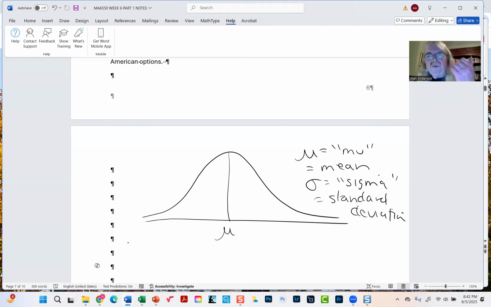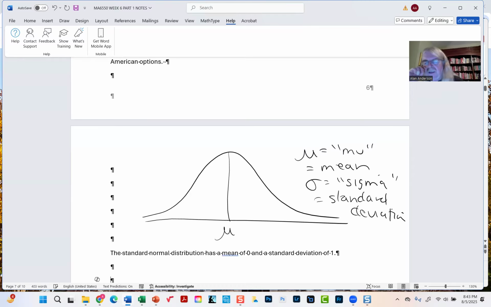So in principle, there's an infinite number of these normal distributions. The one we're really interested in here is the so-called standard normal, which has a mean of 0 and a standard deviation of 1.